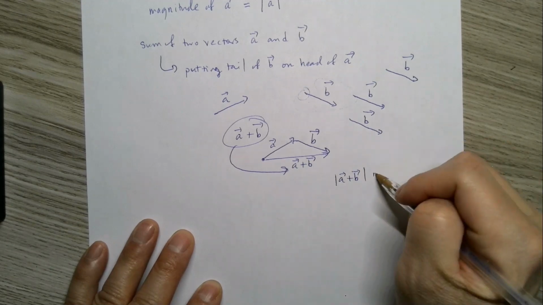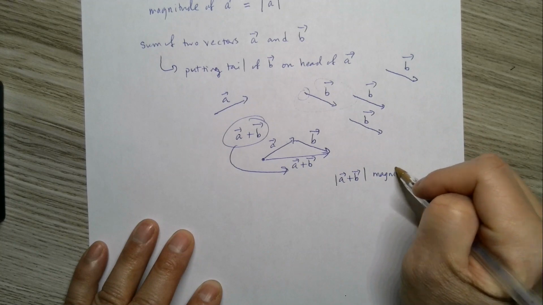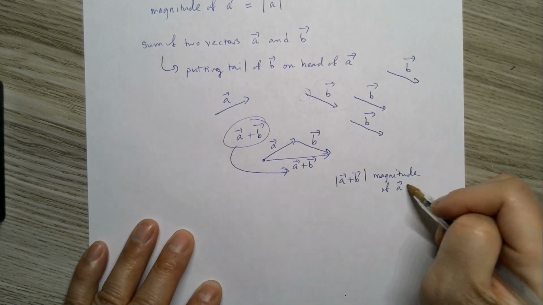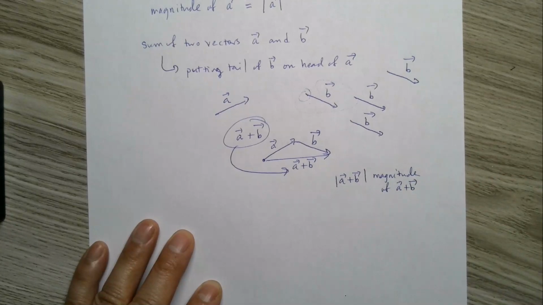So this is the magnitude of vector A plus vector B.